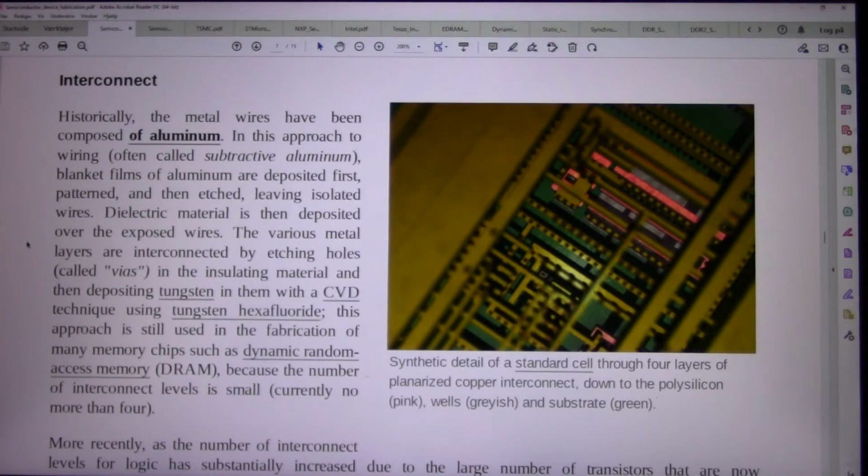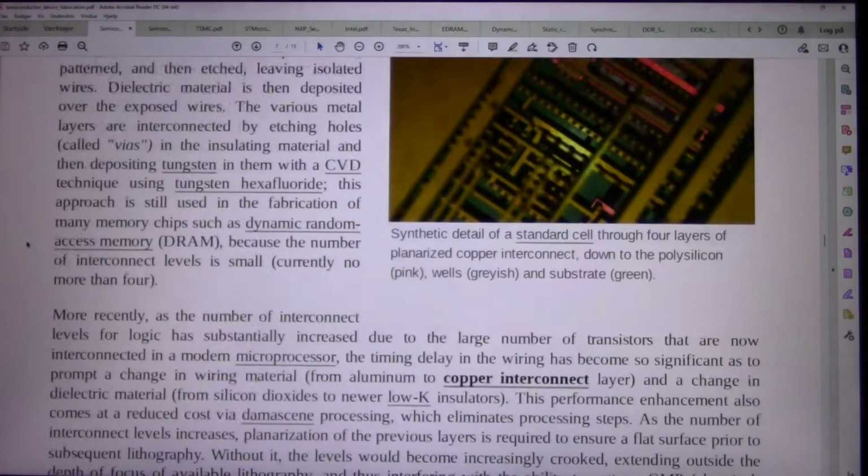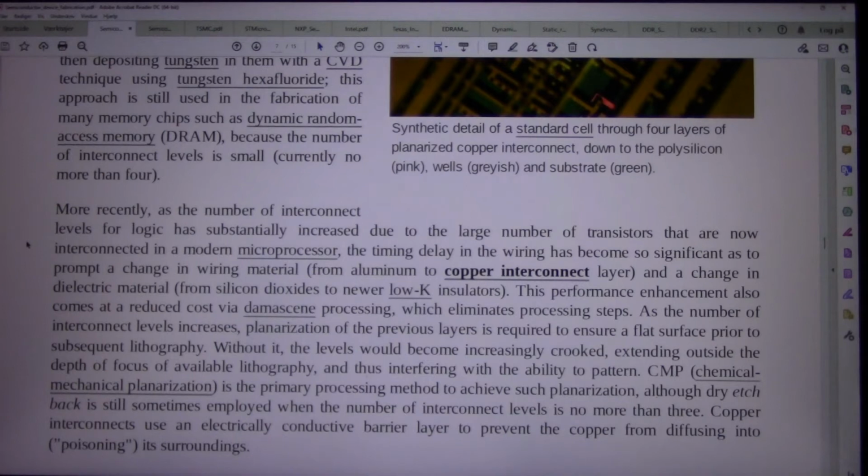This approach is still used in the fabrication of many memory chips such as dynamic random access memory, DRAM, because the number of interconnect levels is small, currently no more than 4.